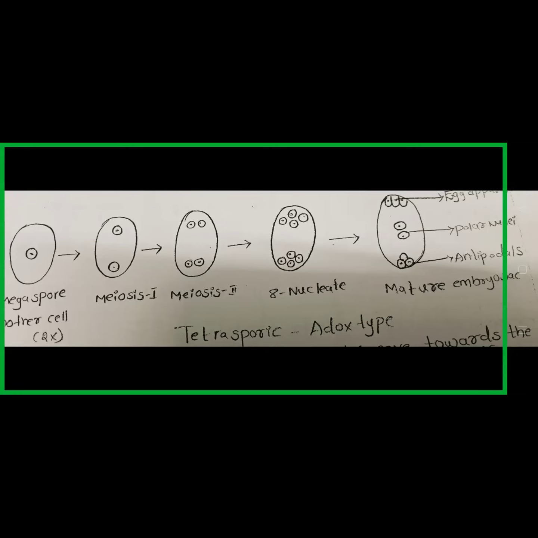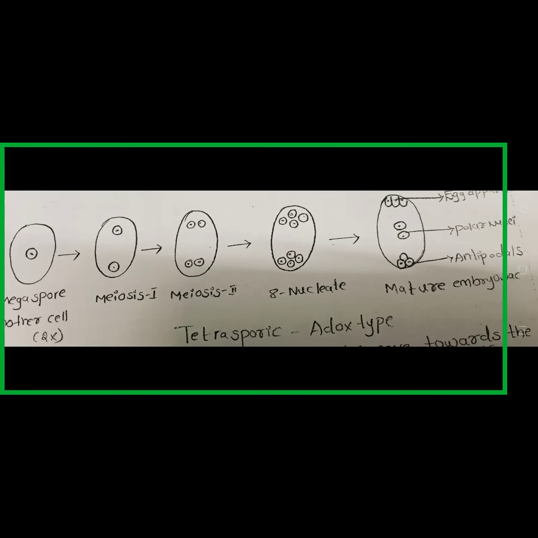See here. After the meiosis 2, please, the screen is visible. Is it clear? Yes. Okay. So after the meiosis 2, you observe that the 2+2 arrangement is there. So then it goes through 2 successive mitotic divisions. This is the 8 nucleate embryo sac type.